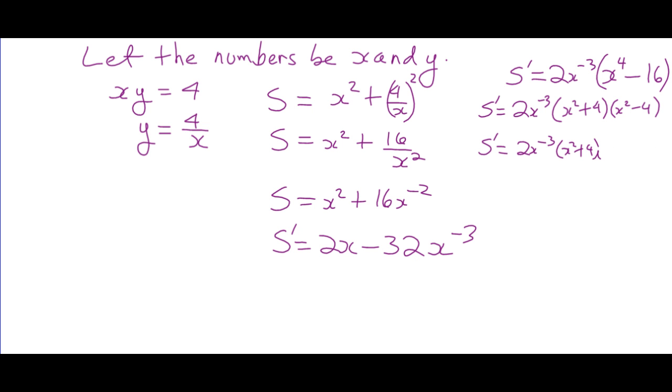And factor that. X plus 2, x minus 2, and a little bit of cleanup. So 2, x squared plus 4, x plus 2, x minus 2, all over x cubed.